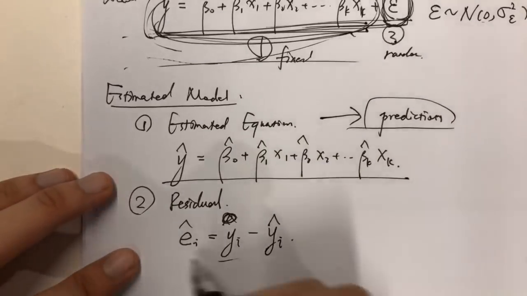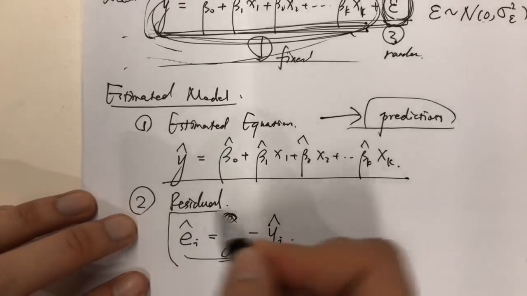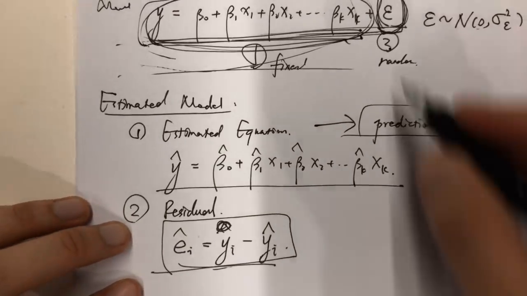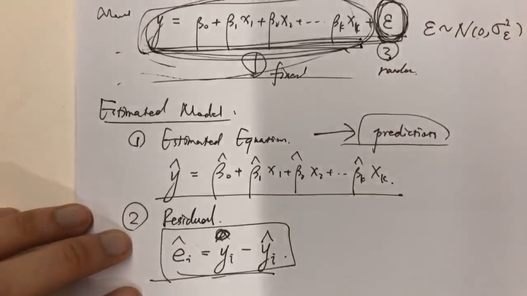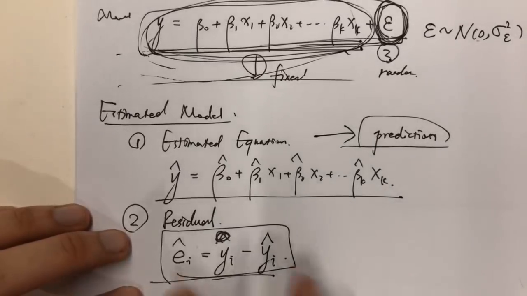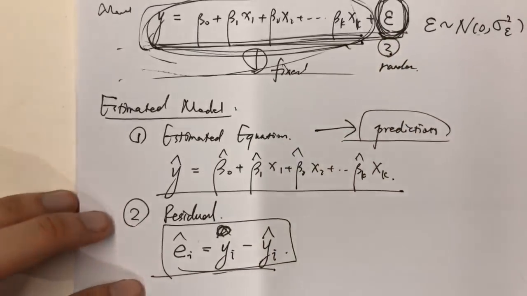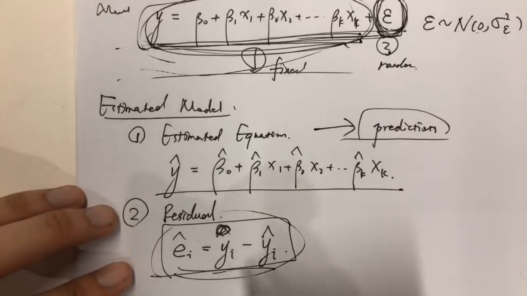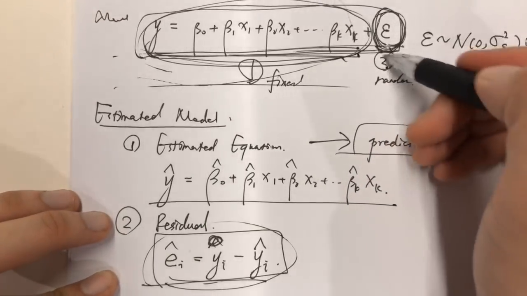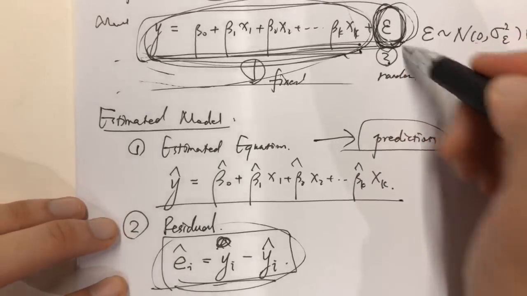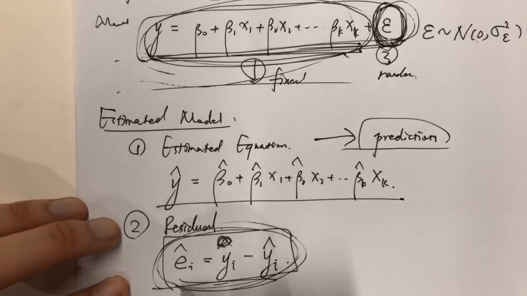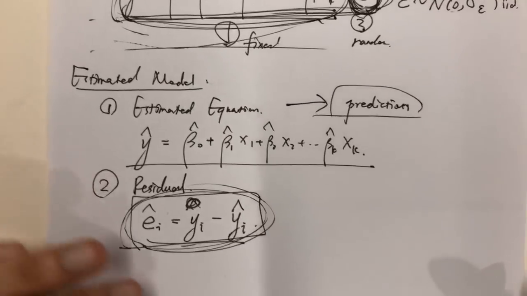So this is what we call the residual. And residual is part of what? The error term, right? Residual is like a sample of the error term. So this is like a population error term, and those are the observations of the error term, okay?